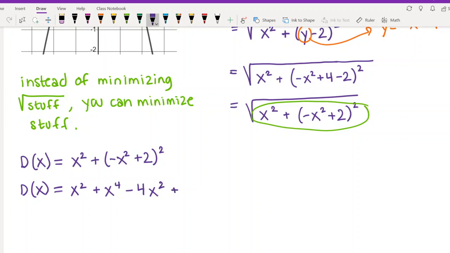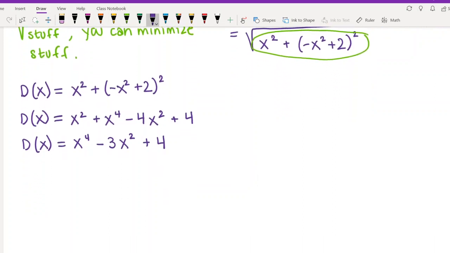And then we're going to get plus 4. So we can combine like terms, and we have x to the fourth minus 3x squared plus 4. Okay, so this is the function that we want to minimize. So this is what we're going to focus on minimizing.